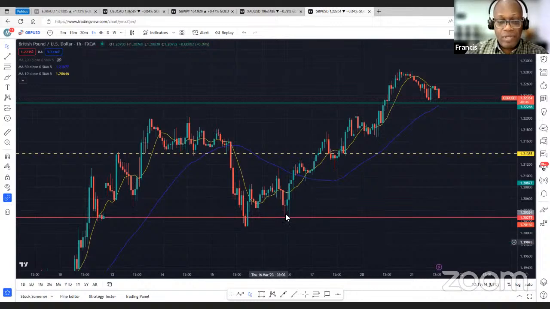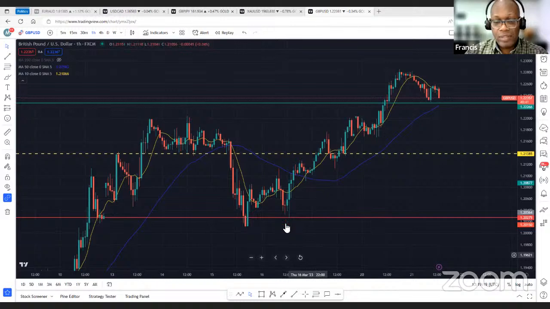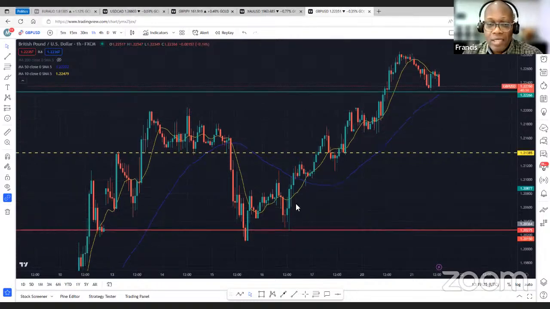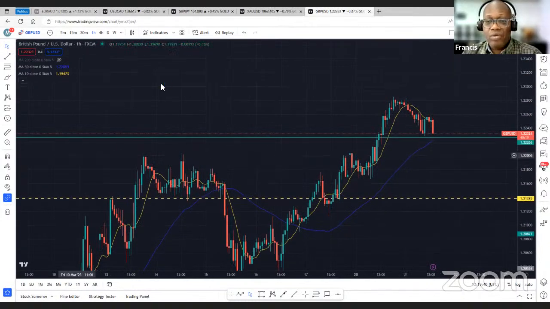You can see the move basically started from here, on this 1 hour candle. The move started from here, pushed up, pulled back, up, paused, and has gone up. I believe it's going to continue. It's just taking a pause here.